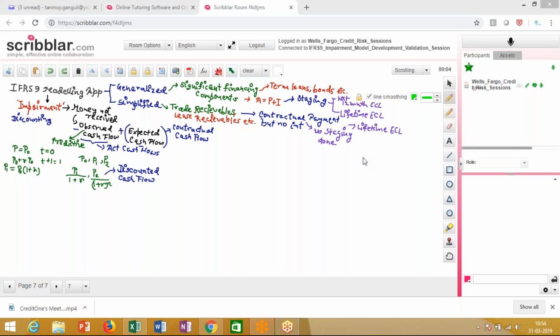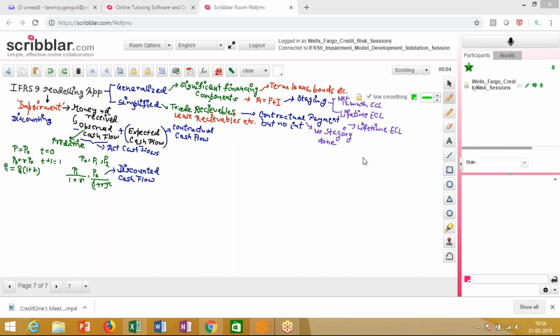So it's the difference between the observed contractual cash flows and the expected contractual cash flows.